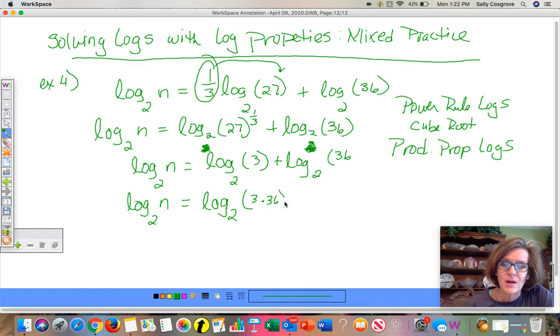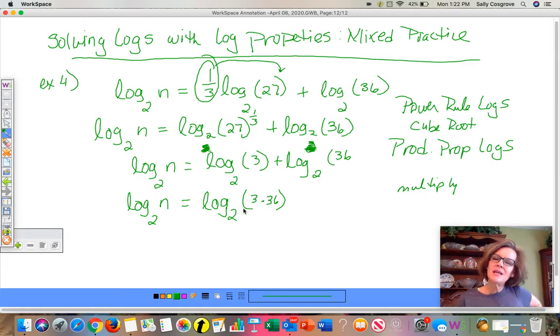That is the product property. So now we're going to multiply 3 times 36. 3 times 30 is 90, and 3 times 6 is 18. So 90 and 18 is 108. Log base 2 of n equals log base 2 of 108.